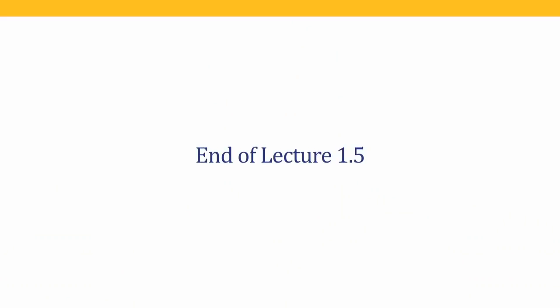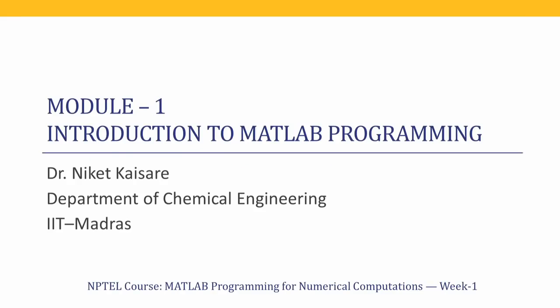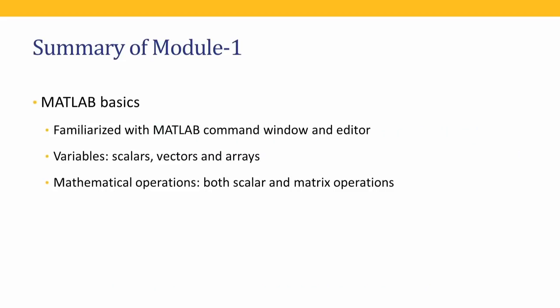Before I end, I will quickly recap in the next minute or so what we covered in this module. What we covered in this module was an introduction to MATLAB programming. We looked at MATLAB basics, familiarized ourselves with the MATLAB command window and MATLAB editor. We looked at variables, scalars, vectors and arrays, and became comfortable using array operations.